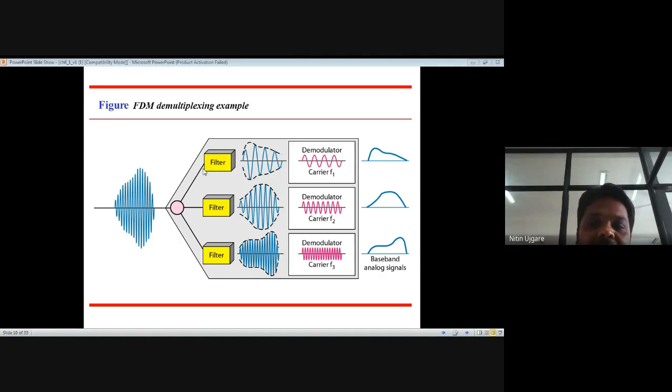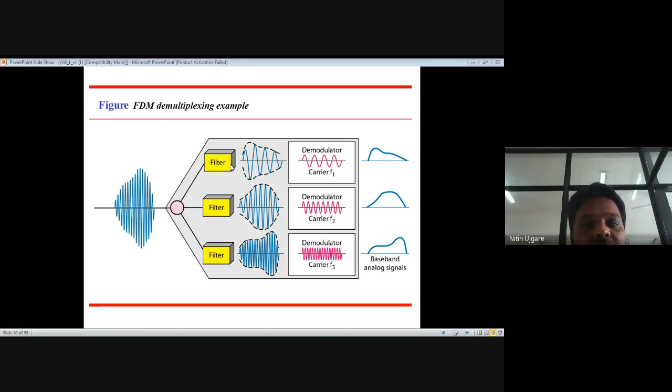So that means at the receiver's end, this composite signal is demultiplexed into three carrier signals, and these three carrier signals are then passed through three different filters. And why do we need filters? Because the carrier signals that we get as a part of demultiplexing are actually modulated. So we need to demodulate them in order to discover the original signal. So carrier signal has to be passed through the filter.